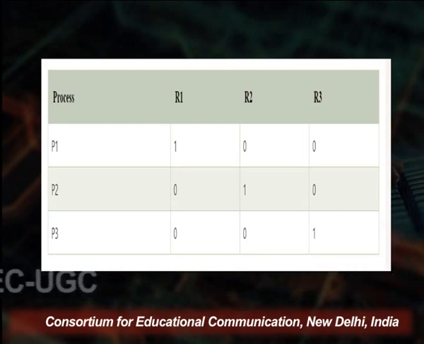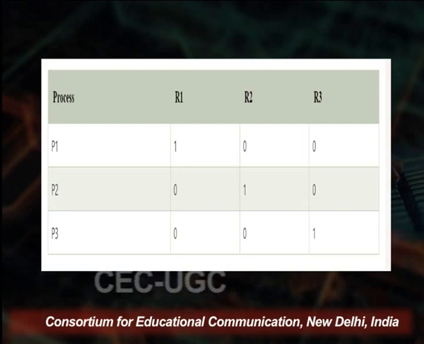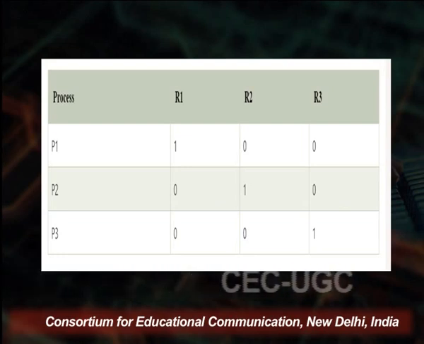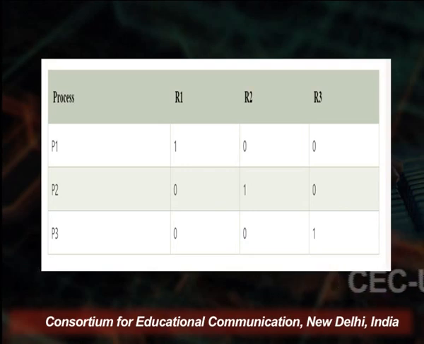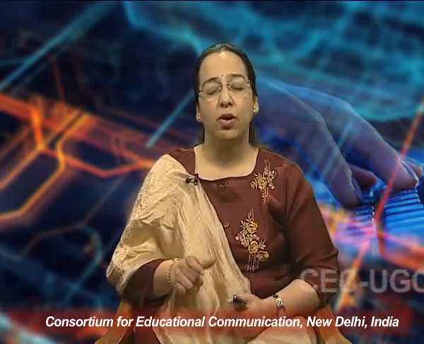Now there is an analogy which can be made here: the request matrix has the number 1 in all the cells where there is a request edge. Similarly, in the allocation matrix, all the cells having 1 as the digit represent an assignment edge.